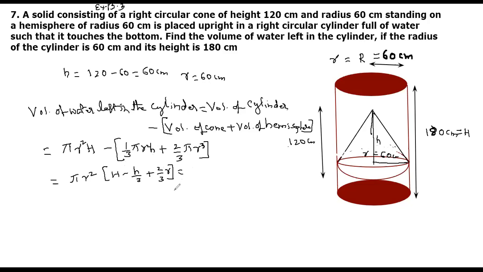Now substitute the values. So 22 upon 7 into r square. The radius is 60, so 60 into 60, multiplied by capital H, which is 180 centimeters, minus small h, 60 by 3, plus 2 by 3 into the radius. The radius is 60.